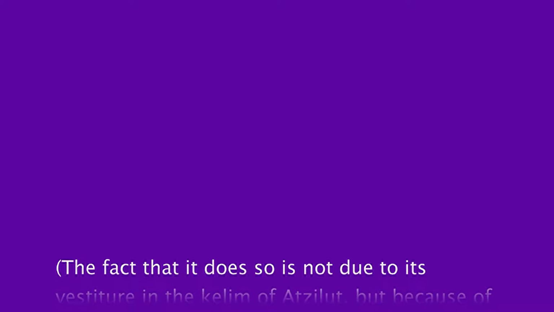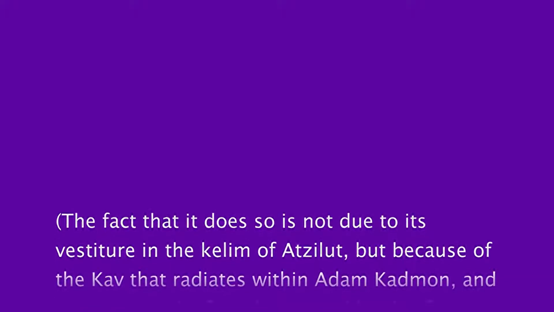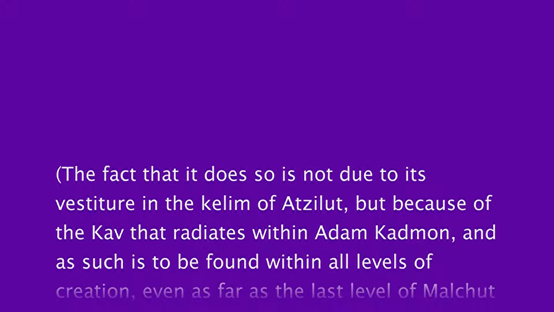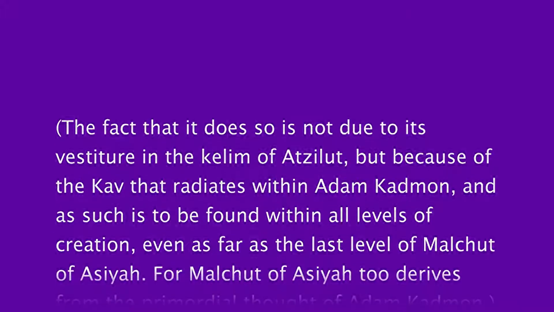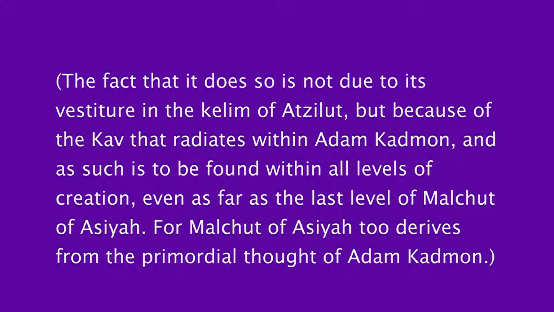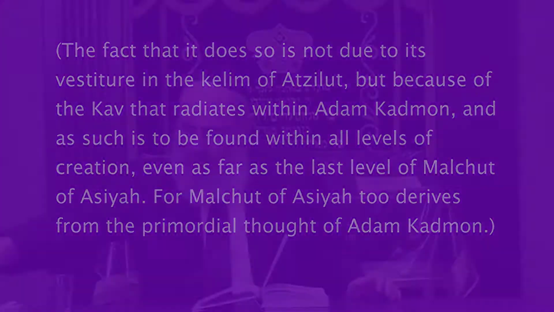The fact that it does so is not due to its vestiture in the kelim of Atzilut, but because of the Kav that radiates within Adam Kadmon, and as such is to be found within all levels of creation, even as far as the last level of Malchut of Asiyah. So Malchut of Asiyah too derives from the primordial thought of Adam Kadmon. The Mittler Rebbe once said that the way we have to look at a Jew, the way they're rooted in Adam Kadmon.